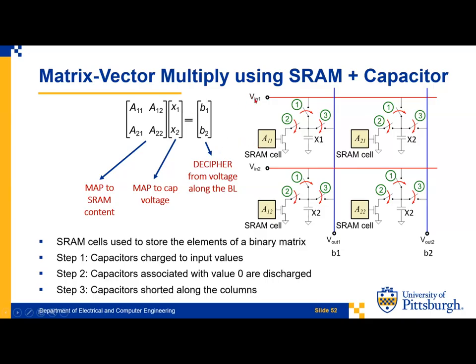The voltage in is the input X, and we can get the result from the voltage on this side. So map the A matrix to the SRAM cells, and map X to the capacitor.